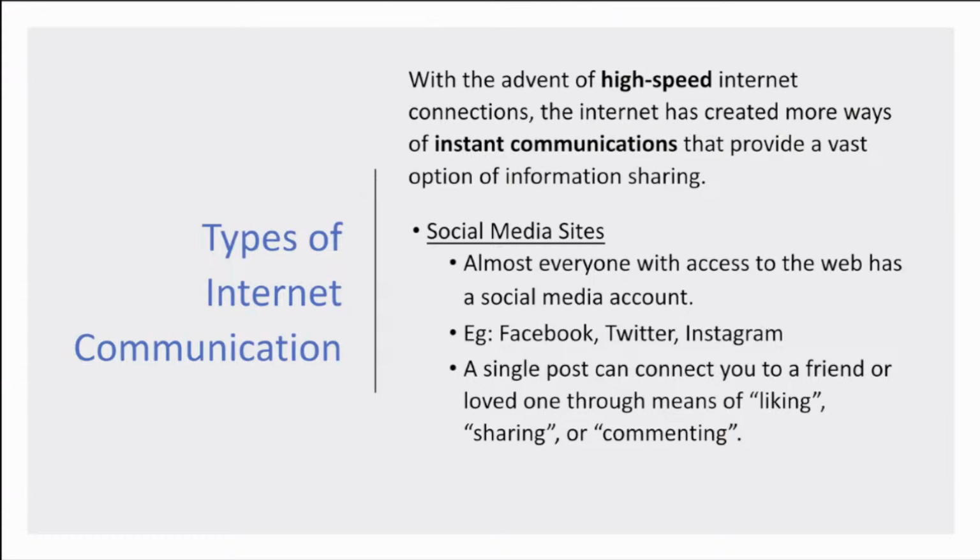Otherwise, you can't proceed with your communication. If your signal level is low, you cannot download anything from the internet. You can't do anything without a high speed internet connection.